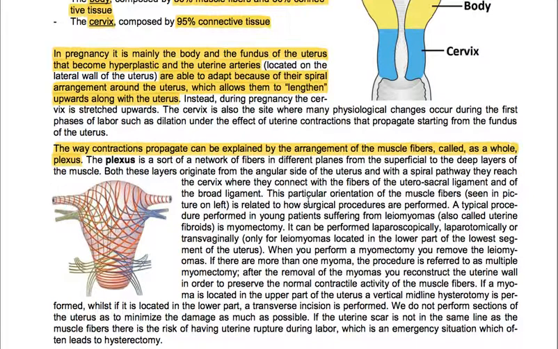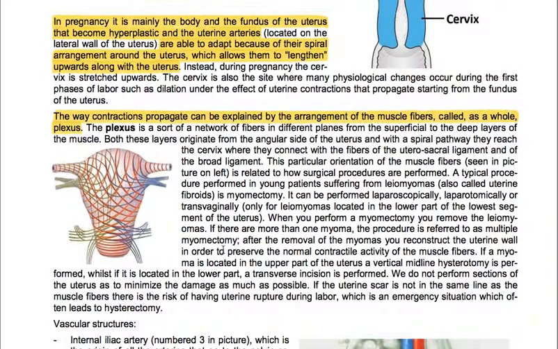This particular orientation of the muscle fibers, you can see this in this picture, is related to how surgical procedures are performed. A typical procedure performed in young patients suffering from leiomyomas, also called uterine fibroids, is myomectomy.